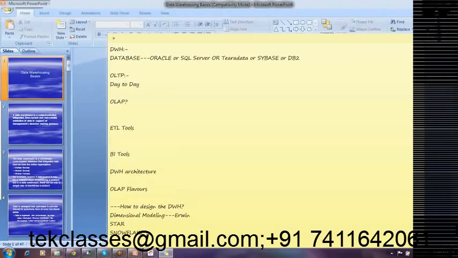A practical example of OLTP is your ATM withdrawal. When you withdraw money from an ATM, that application is an OLTP application which supports day-to-day operations. You can also think about e-commerce applications like eBay and Amazon, where you buy products, book orders, and cancel orders.